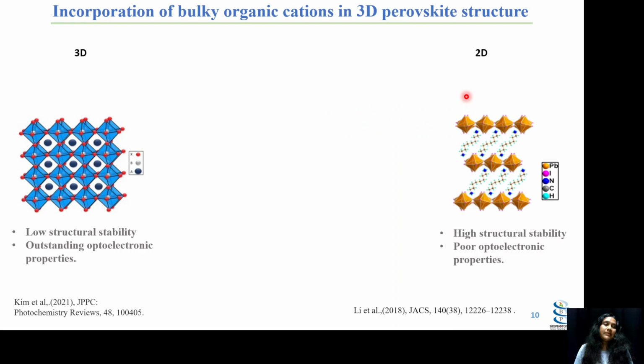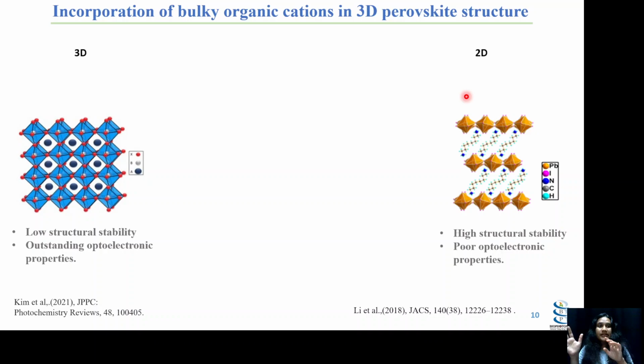So if we get an intermediate form of 3 dimension and 2 dimension, it would look like the one you're seeing here. It has alternating 3D-like layers separated by organic spacers.